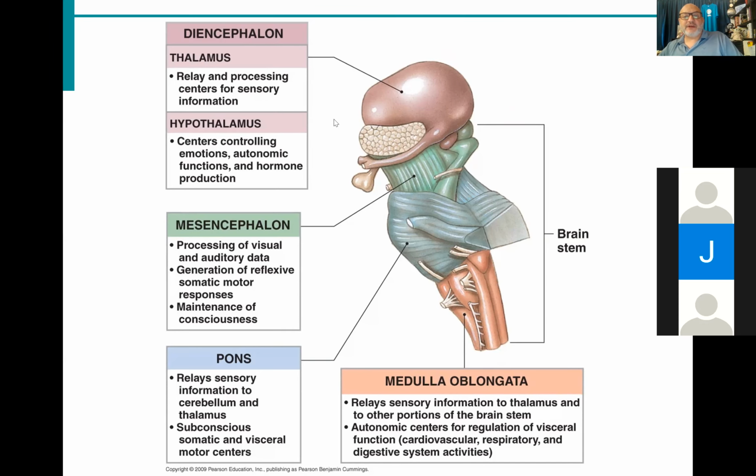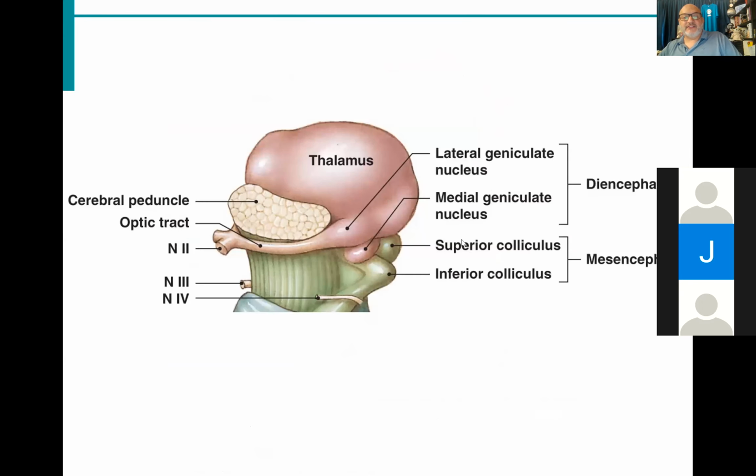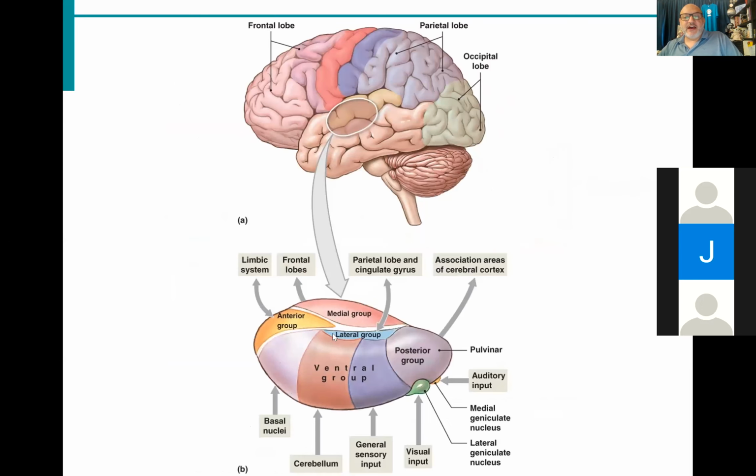Let's start first by talking about our diencephalon. So here is the diencephalon, and by far the largest structure of the diencephalon is the thalamus. The thalamus, like the hemispheres of the brain, are paired structures. There are these two big clusters that we can see here. It's a cluster of nuclei.